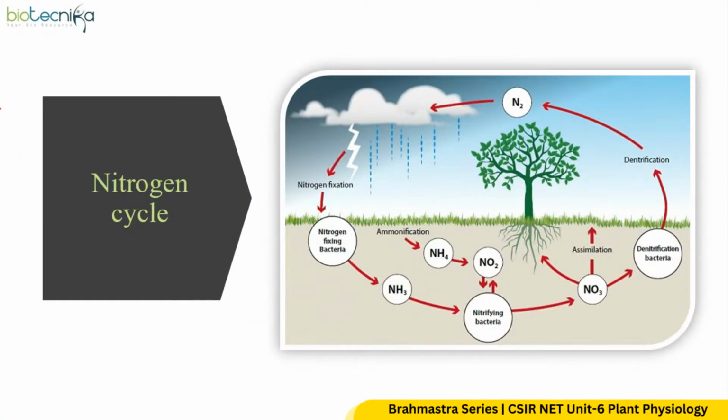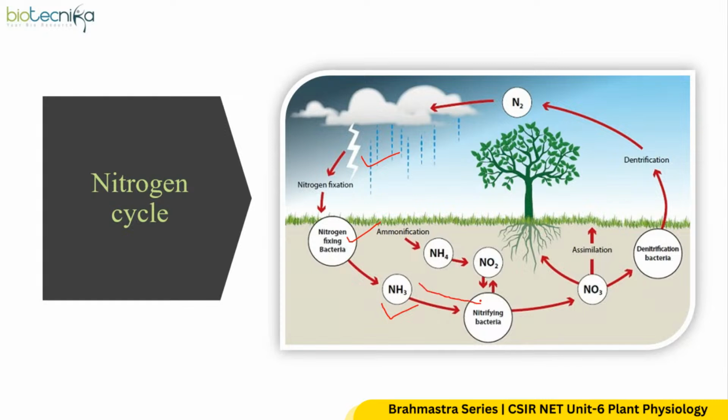The first thing is that you have to be clear with the nitrogen cycle. What is happening here? Nitrogen, you get it from the atmosphere. Either by physical, chemical or biological methods, it gets fixed. Lightning can cause fixation, or it can be fixed with the help of nitrogen fixing bacteria, which convert the atmospheric nitrogen into ammonia.